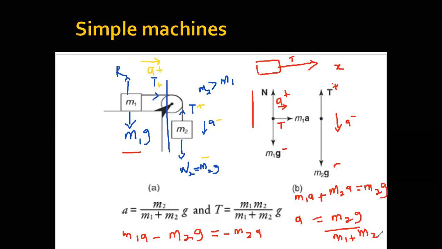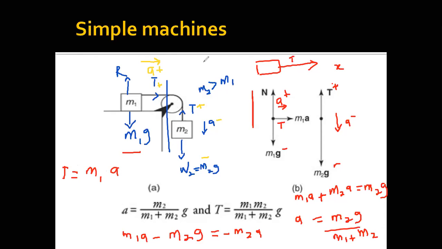Then once again, we said your tension was M1 times A. The equation 2 we wrote earlier was tension is equal to M1A, so we can do the substitution. Do that, and then let's see the outcome.